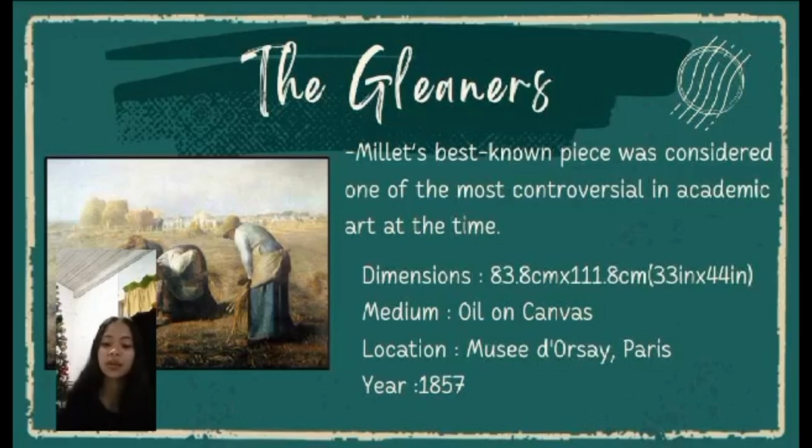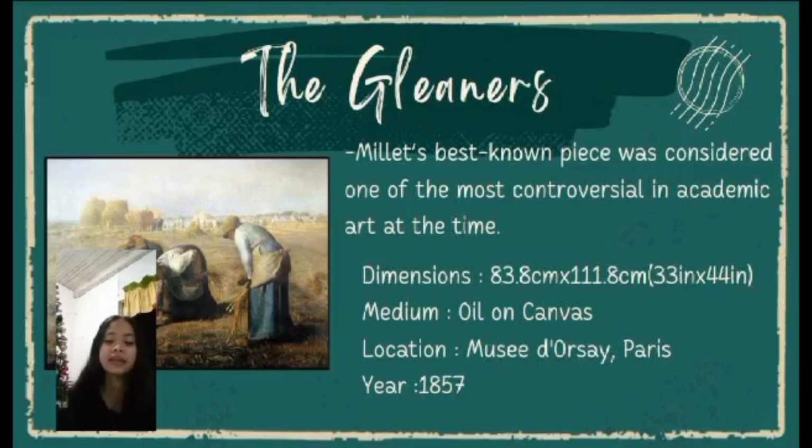Here, the painting depicts three women bent over in a field, gleaning or collecting leftover grains after the harvest. The work is a realistic portrayal of rural life, highlighting the labor and hardship faced by the working class in 19th century France. It shows two women with their hands reaching the ground, while one woman in front of them already has bundles of wheat.